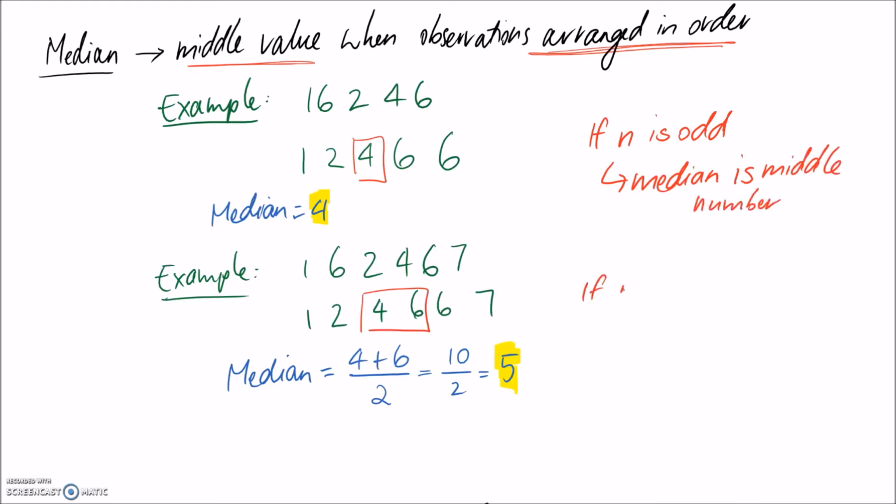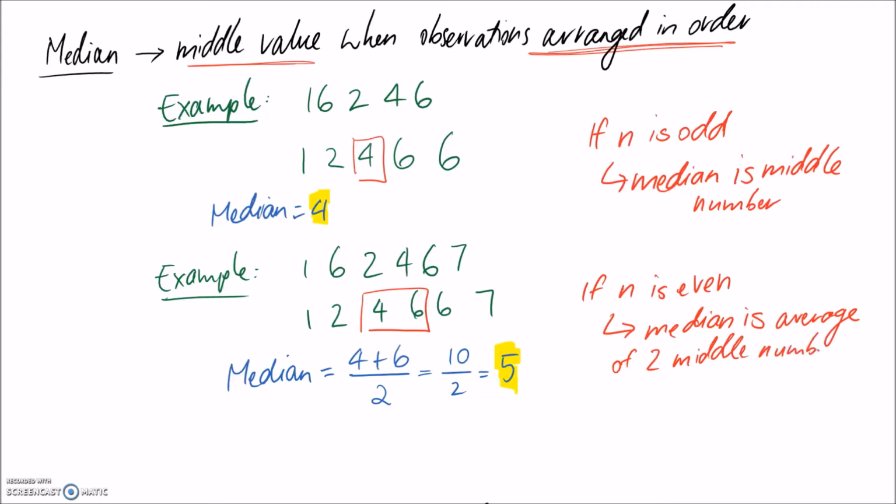However, if n is an even number, we have that extra step. The median is the average, or mean, of the two middle numbers, as we saw. So that's pretty much all there is for median.